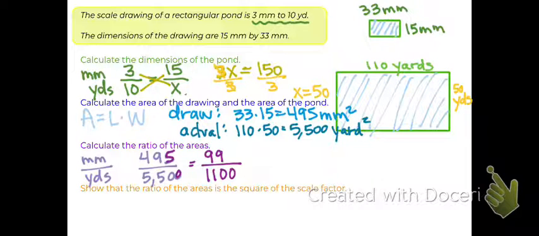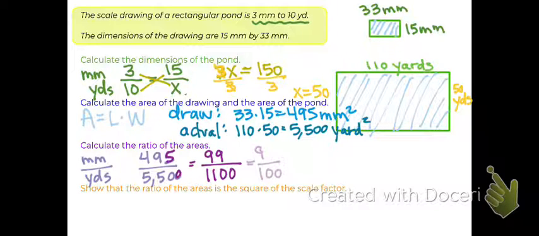Now I notice I have a 99 in my numerator and an 11 in my denominator. I know I can divide both of those by 11. And when I do, I'm left with 9 over 100. And I can't simplify that anymore. So this would be the ratio comparing the two areas.